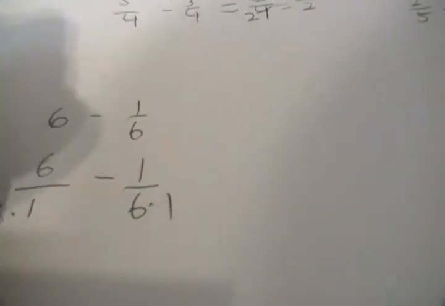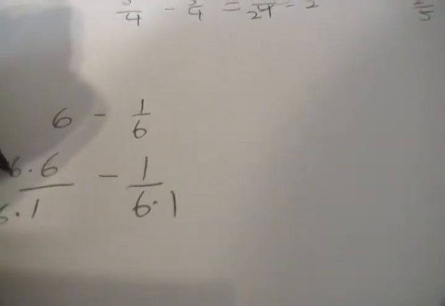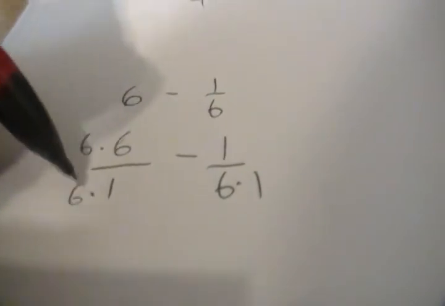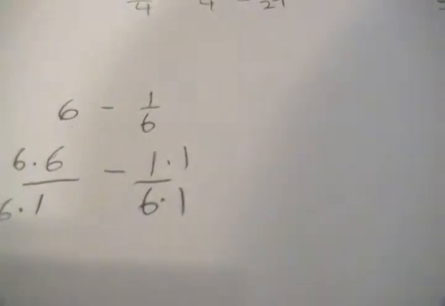Alright, so obviously if you multiply 6 on the bottom, you have to multiply 6 on the top. And then if you multiply 1 on the bottom, you have to multiply 1 on the top. Okay?